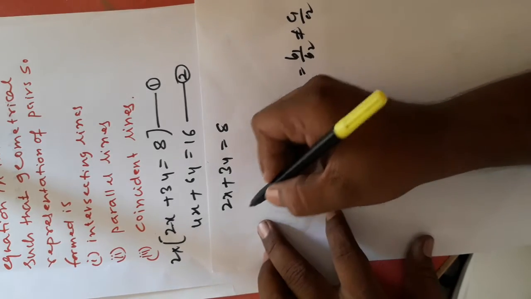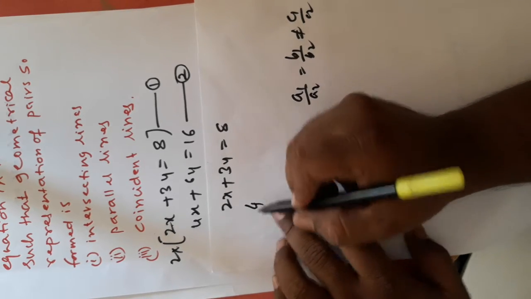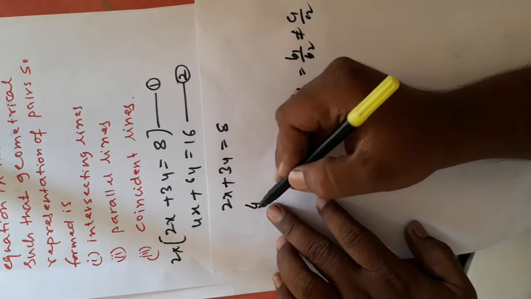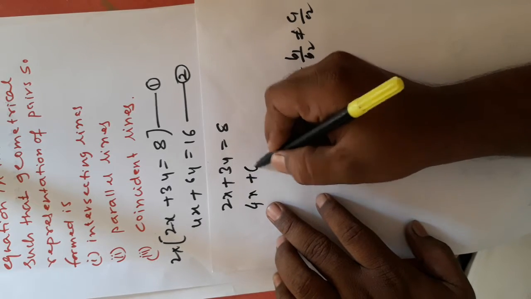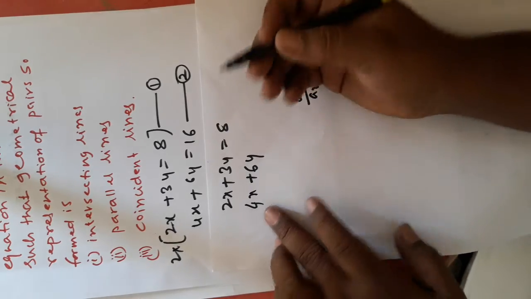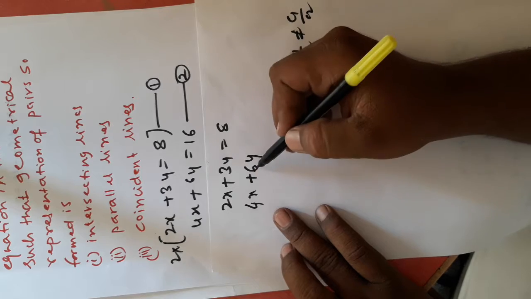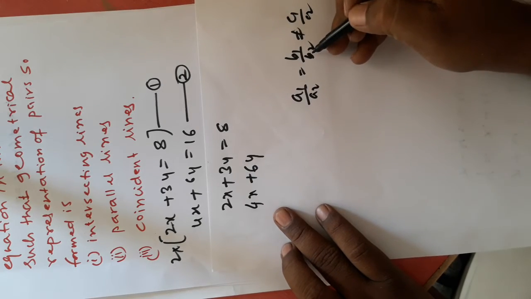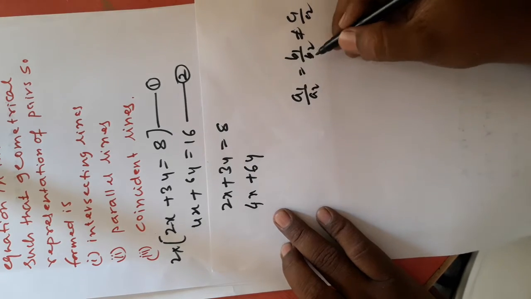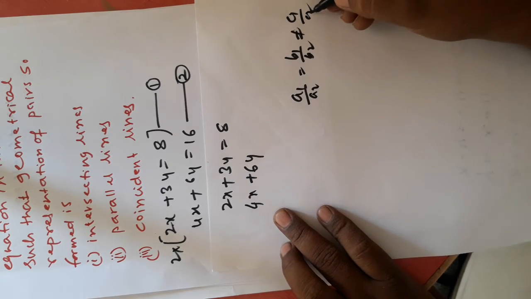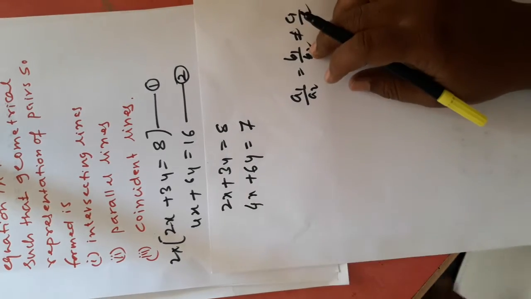That means I will write here some number 4, so that 2 by 4 is half. Then I will write 6y, so that again b1 by b2 is half. a1 by a2 should be equal to b1 by b2, but it should not be equal to c1 by c2, so write some other number here, write 7.